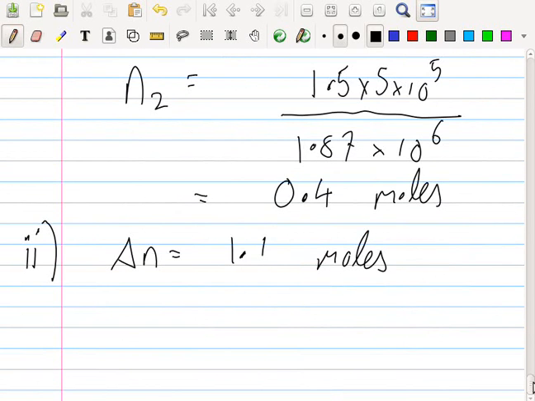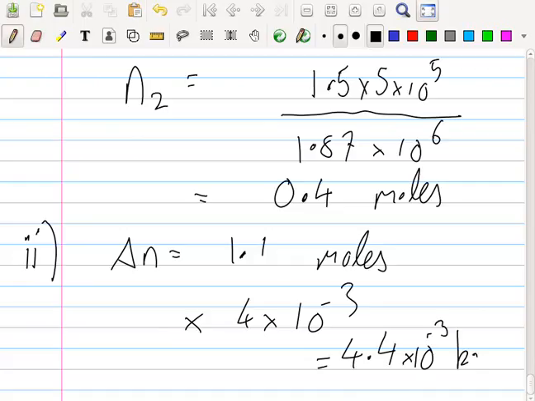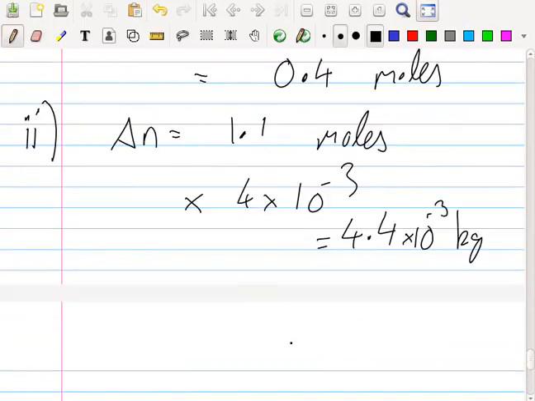So all I need to do is multiply this by 4 times 10 to the minus 3, and I get 4.4 times 10 to the minus 3. Actually, what's 10 to the minus 3? That's just grams. So you can say 4.4 grams lost.